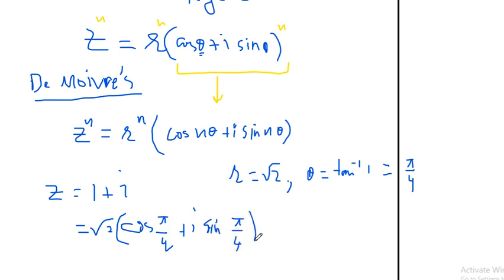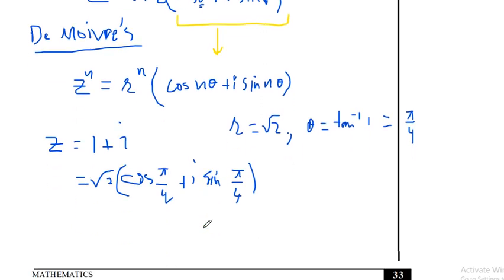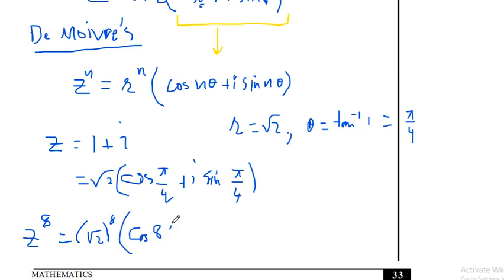So whenever you have to convert your number to polar form, find r and theta and write r cos theta plus iota sine theta. Now if you want to find z to the power, let's say 8, I can easily find that from De Moivre's theorem. It says get the 8th power of r outside, but inside your angle will multiply by 8: 8 into pi by 4, plus iota sine 8 into pi by 4.